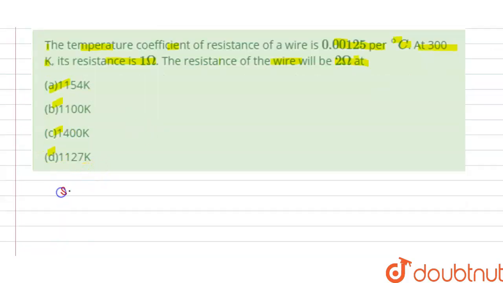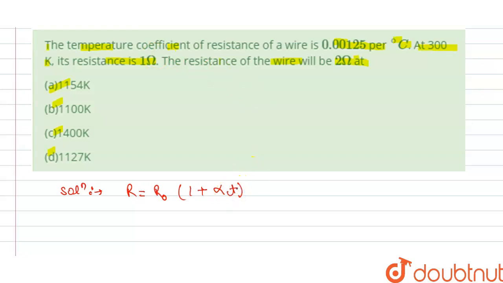So the solution of this question is by using the temperature-resistance coefficient relation. We get R equals R naught times (1 plus alpha T), where alpha is the temperature coefficient and T is the temperature.